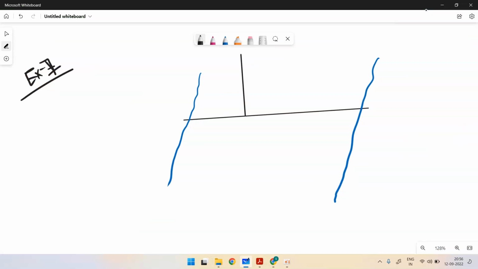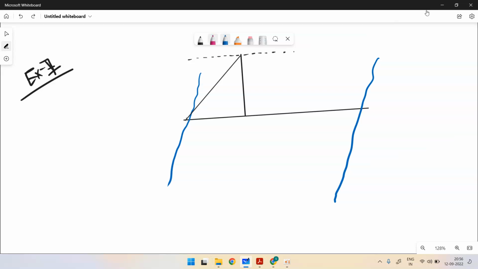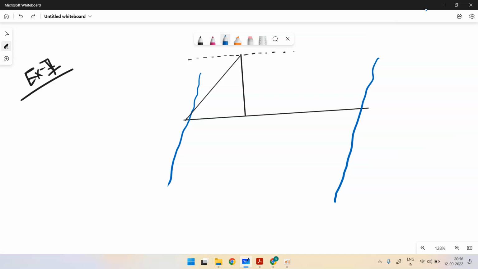Here you can see that this bank is much closer, so this angle will be greater. So this will be my 45 degrees.